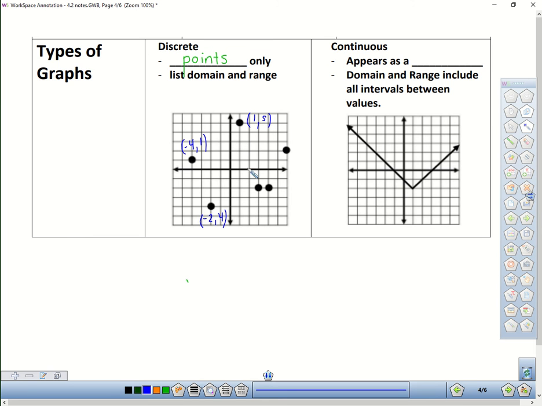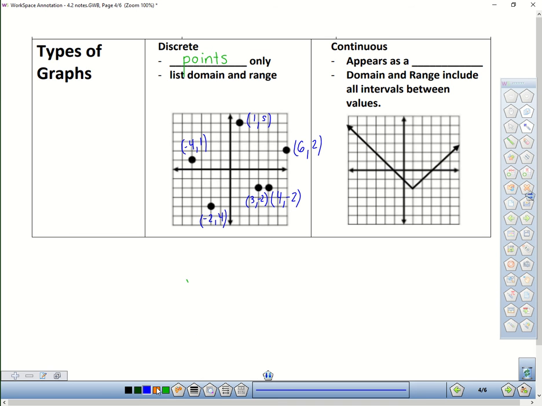And this is 6, comma 2. 3, comma -2. And this is 4, comma -2. And isn't this the same one we just did? 6, comma 2.